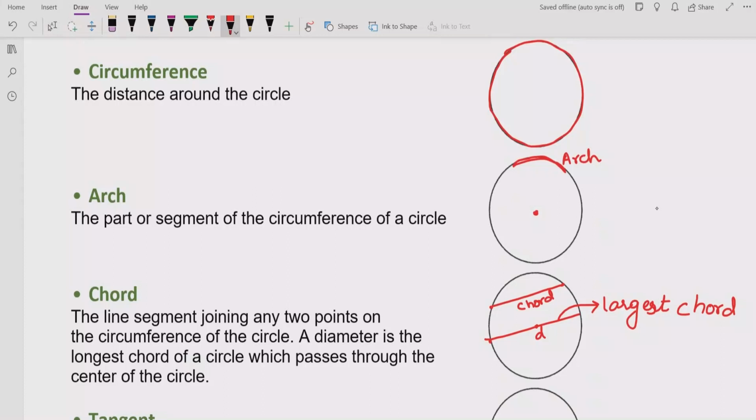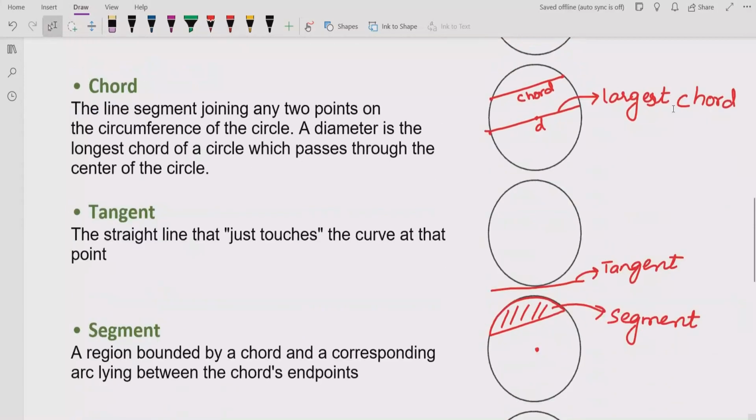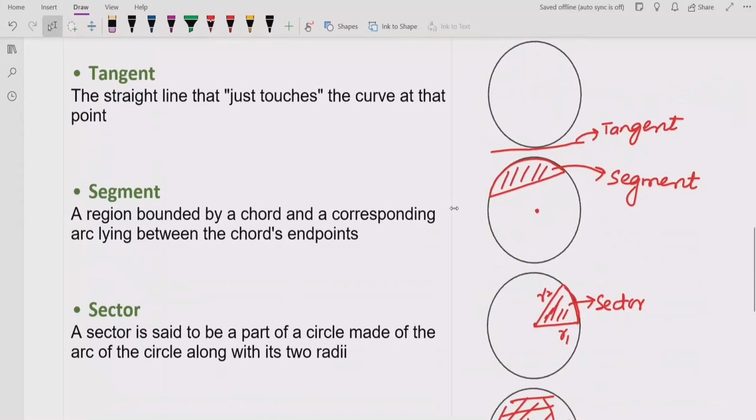A chord is a line segment joining any two points on the circumference. A tangent is a line which touches the curve at a point. A segment is a region bounded by a chord, this one, and a corresponding arc lying between the chord endpoints.